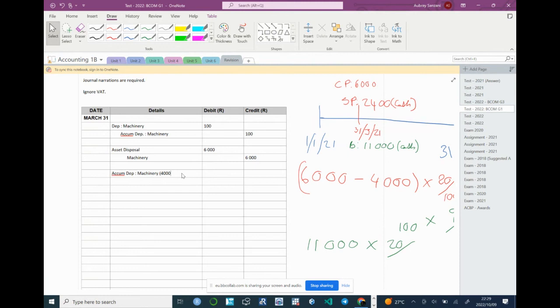Since we're removing the accumulated depreciation on this asset, since we're disposing of it, all of the depreciation that has incurred, in other words, all of the accumulated depreciation, needs to be removed. So we should do what with that 100 Rand? We should definitely add it. We don't want it on our books. Does that make sense? Okay, so here it's a plus 100.